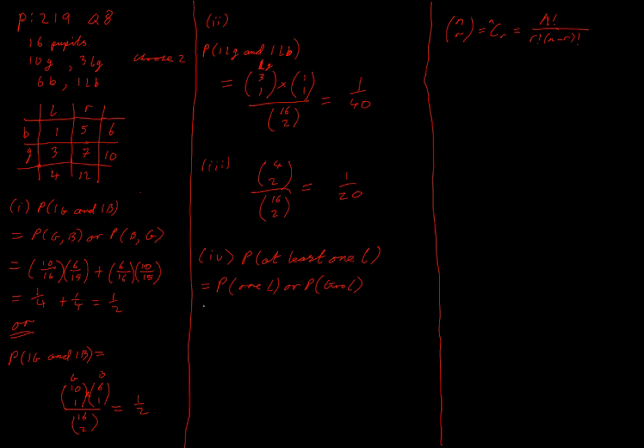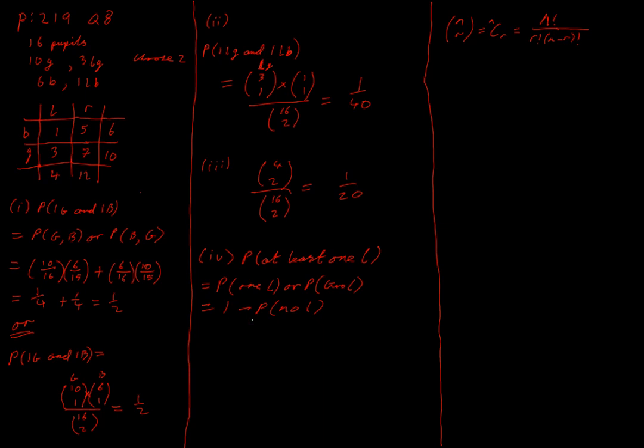But what I want you to recognize, because in some questions that would take a very long time if you had, say, 6 different things you had to add together, is that anytime we see this phrase, at least one, it means the same as 1 minus the probability of no left-handed people.